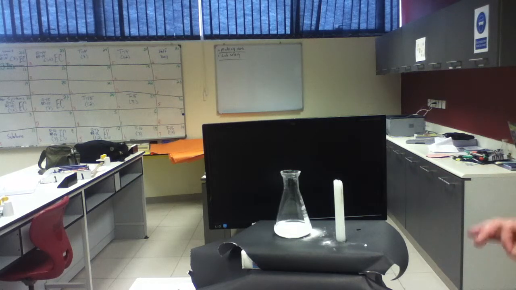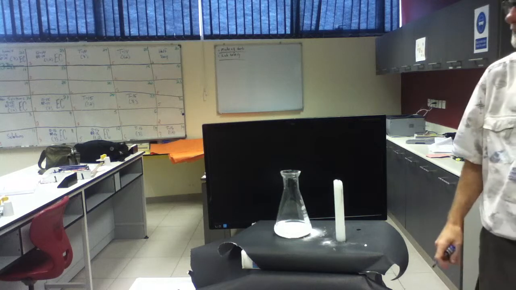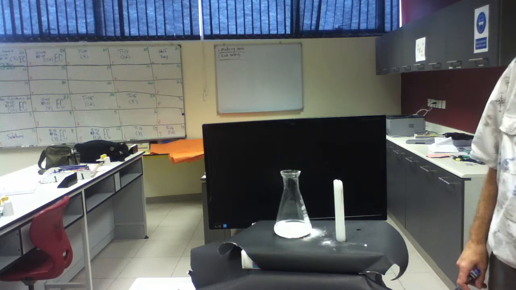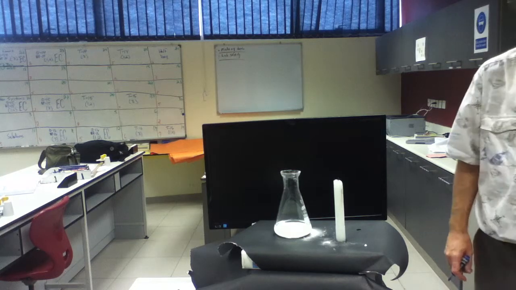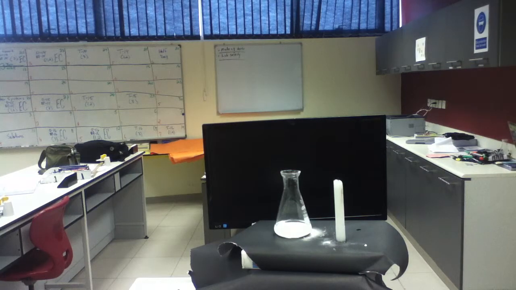Now, carbon dioxide is very heavy. Think about it this way. Air is about 80% nitrogen, yes, which is 28. 2 times 14, nitrogen, right? The molar mass of nitrogen gas is 28. The molar mass of oxygen is 32.